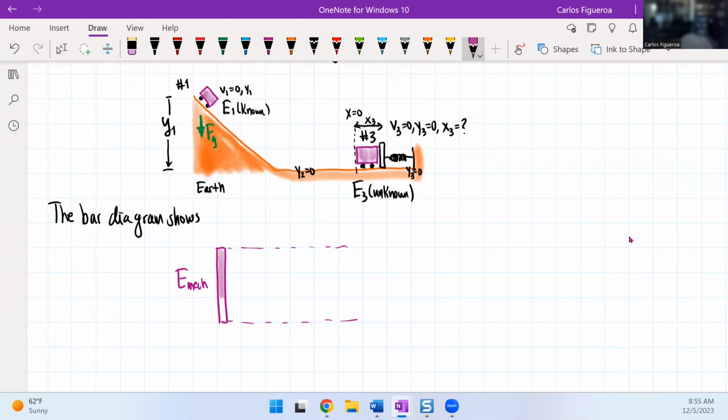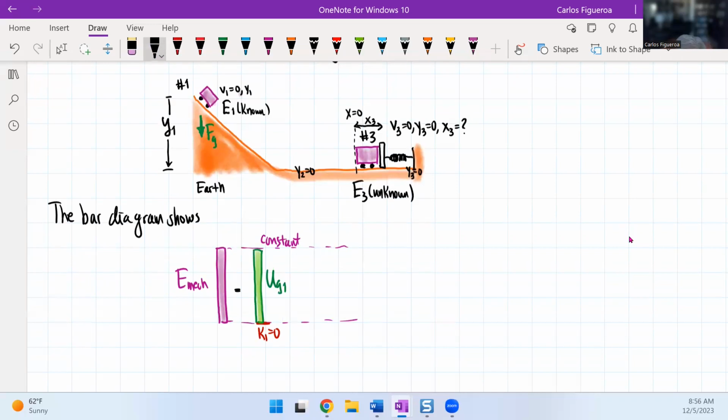Then, from what we've already done here, I have 0 kinetic energy at 1, and I have only gravitational potential at this point at 1.